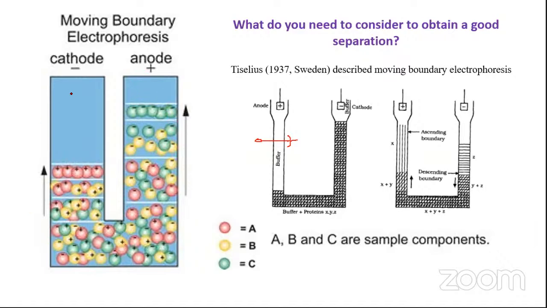Now this blue area you can imagine is the pure buffer, and below the pure buffer you have a concentrated solution of A, B, and C mixed up together. Your purpose is to resolve A from B and B from C, so that all three are separated from each other. Will you get good separation if this is the arrangement? Can you resolve A, B, and C from each other? What's your take?